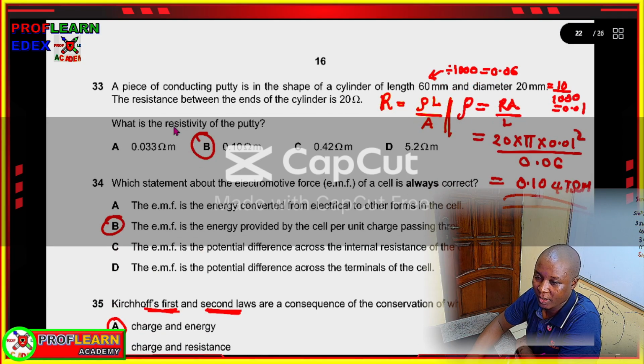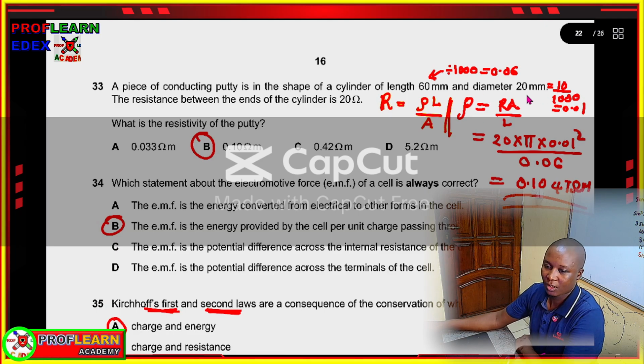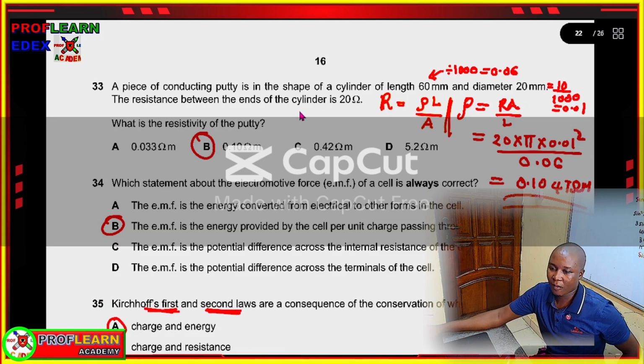A piece of conducting material is in the shape of a cylinder of length 60 millimeters, so we need to change that to meters, and diameter of 20 millimeters. The resistance between the ends of the cylinder is 20 ohms. What is the resistivity?